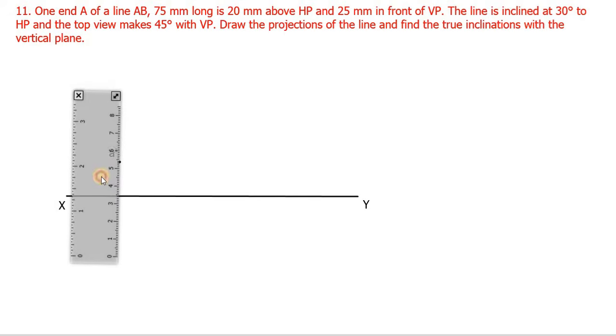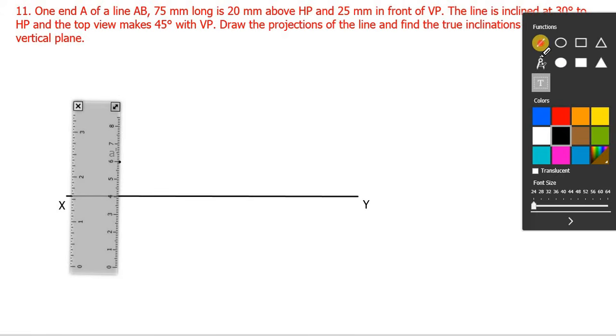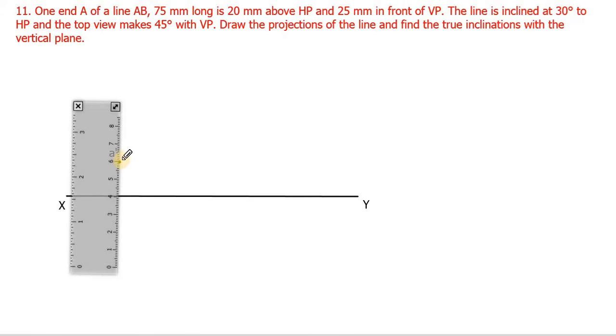So we can keep the scale straight to this point and draw a projection line of this point, 25 mm below XY. So 10, 20, 25. This point will be A.